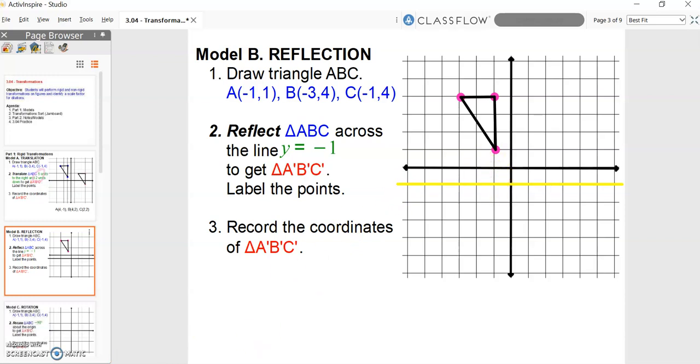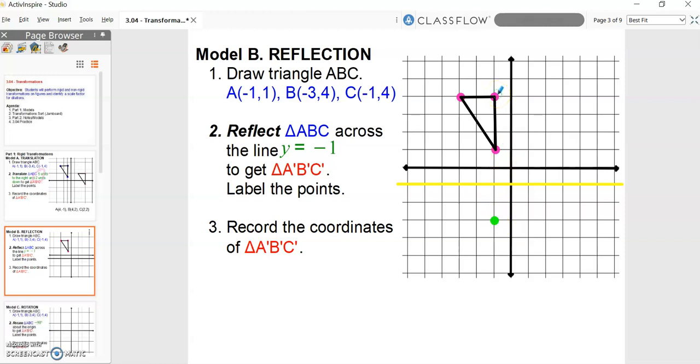What you're going to do with each point is count straight down to the line. Count how many spots it takes to get to the line. So 1, 2, then you count that many past it. 1, 2. There we go. So 1, 2, 1, 2.